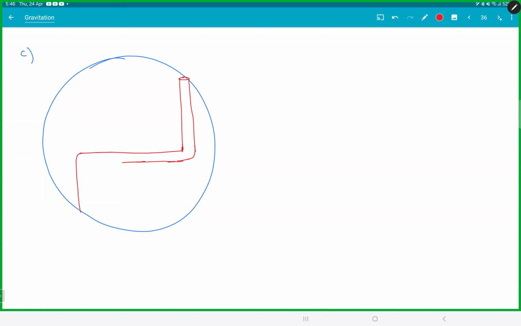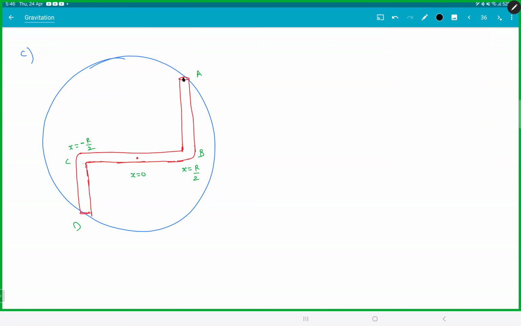These edges are smooth and curvy, so the collisions will just pass on. So this is x is equal to 0. Let's say this is x is equal to r by 2. This is x is equal to minus r by 2. This is point A, this is B, this is C, and this is D.